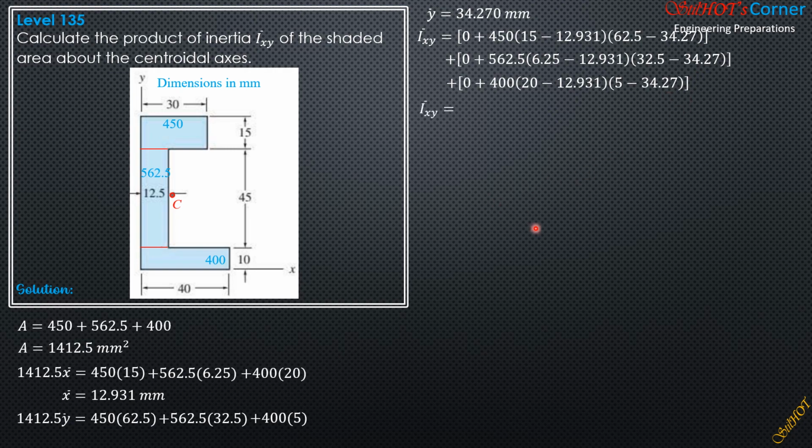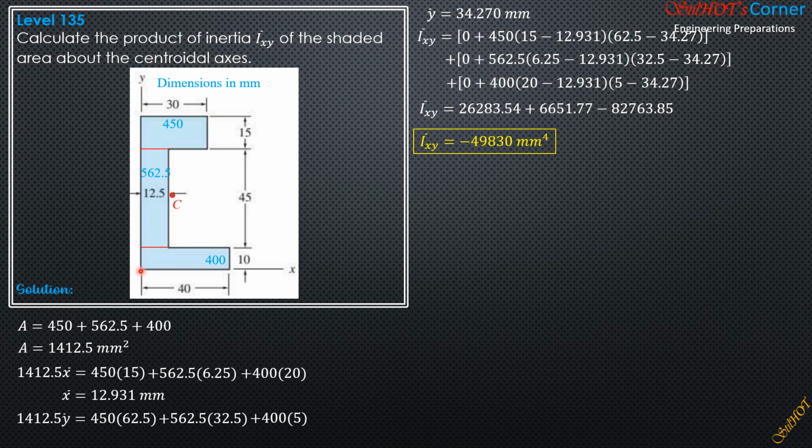So computing one by one, Ixy equals 26283.54 plus 6651.77 minus, this is negative 82763.85. So I bar xy is equal to negative 49,830 millimeters square.